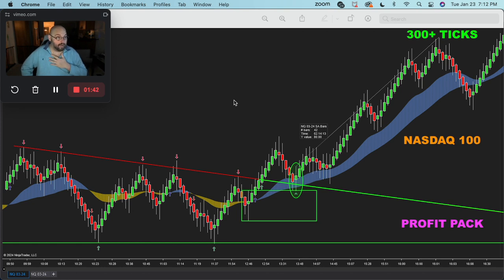Now, for me, if I'm going to trade the pullback, which is exactly what the Profit Pack is designed to do, at that pullback, I want to make sure that I've identified that the bigger picture is likely to go in the direction of anticipation, and that pullback is into one or multiple forms of support.